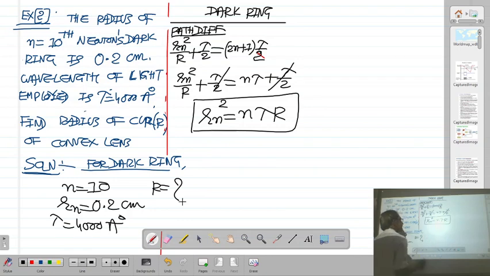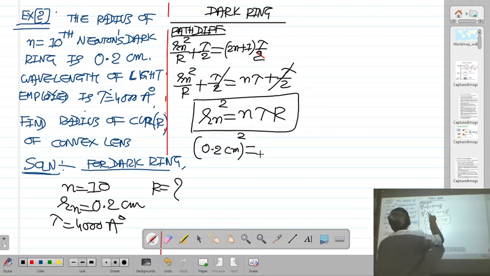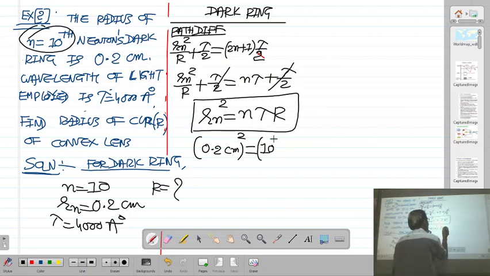Okay. So now I put here the radius of the 10th dark ring, 0.2 centimeters square, is equal to n lambda R. The order number of the dark ring is 10, so I put n is equal to 10.